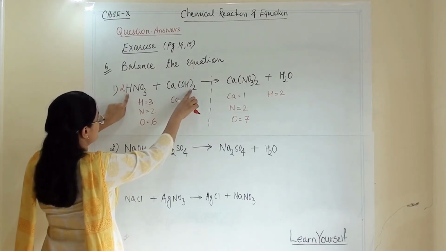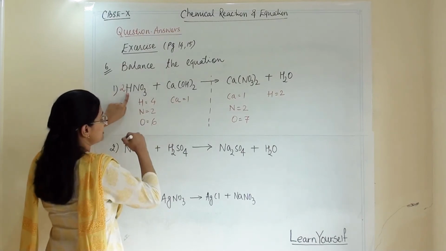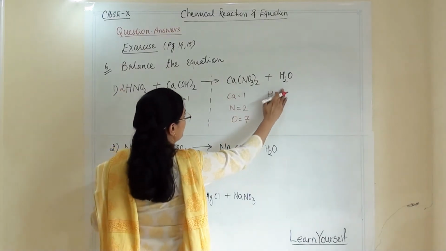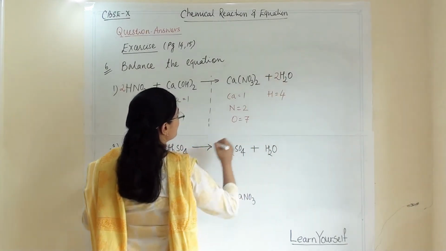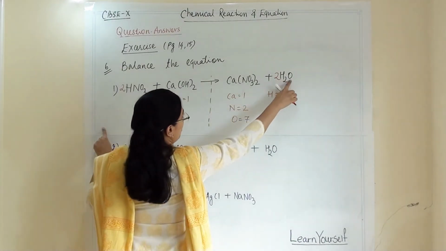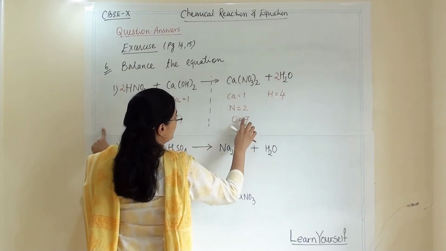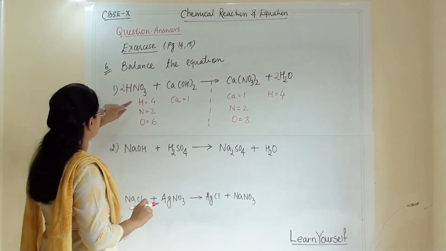4 plus 2 plus 2. So it is 4 towards this side. Here hydrogen is only 2. So I am adding 2 here. So it will become 4. By doing so I have again changed oxygen. So 6 plus 2, 8 oxygen are there. So now let us calculate.